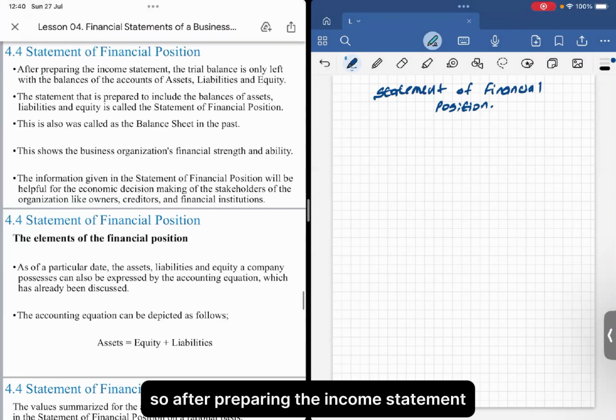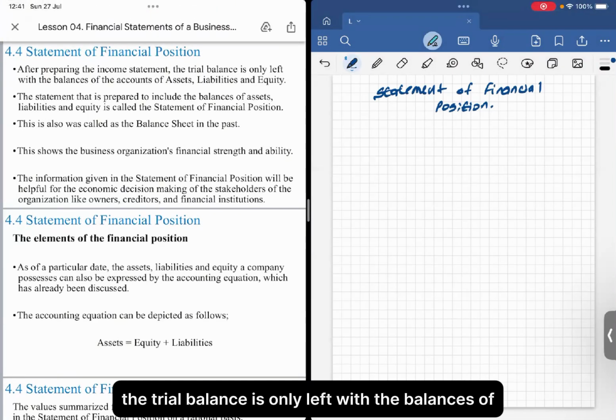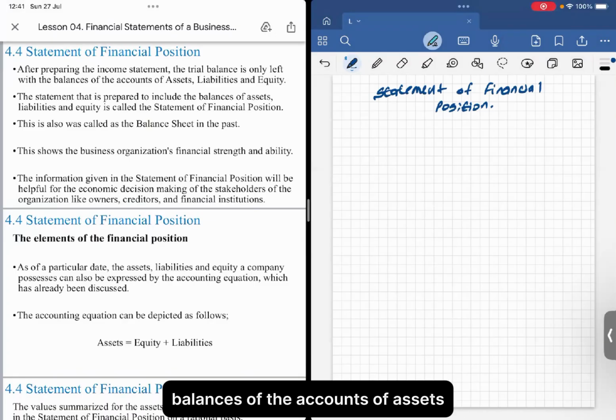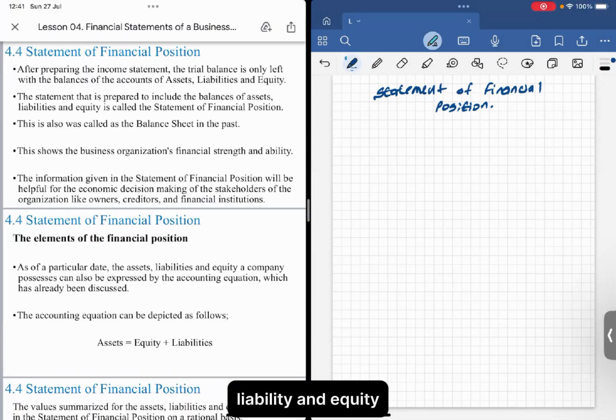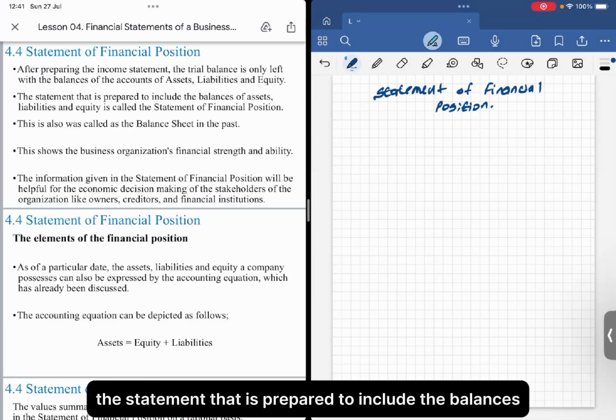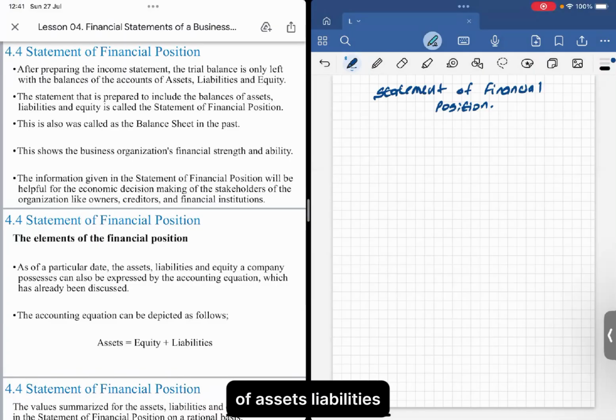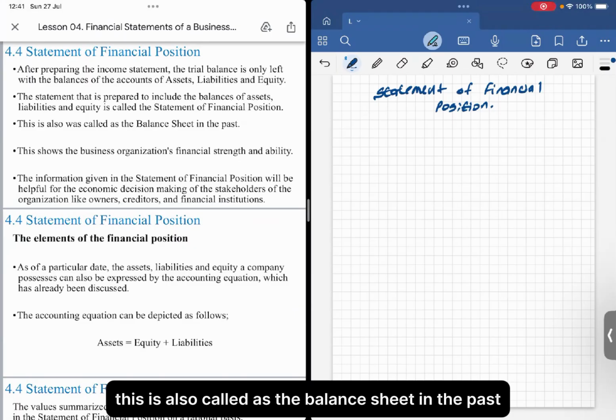After preparing the income statement, the trial balance is only left with the balances of the accounts of assets, liabilities, and equity. The statement that is prepared to include the balances of assets, liabilities, and equity is called the statement of financial position. This is also called the balance sheet in the past.